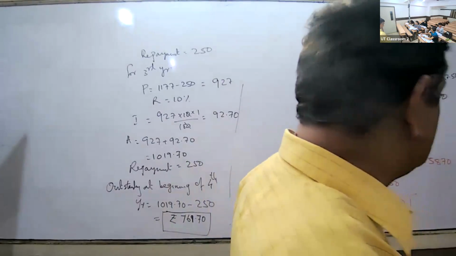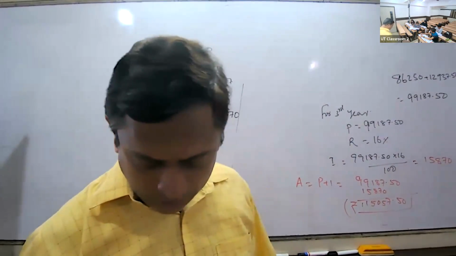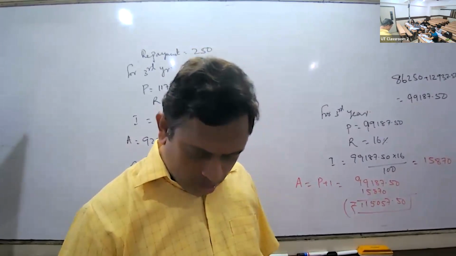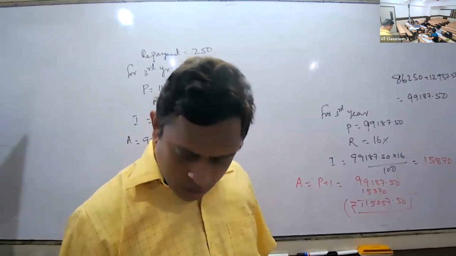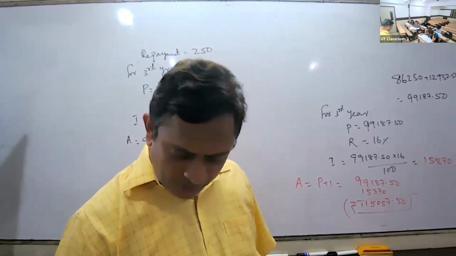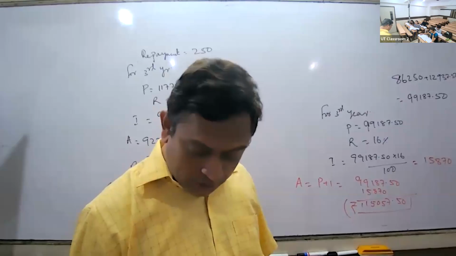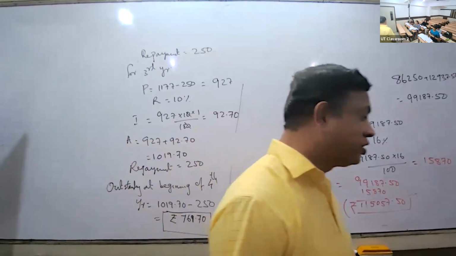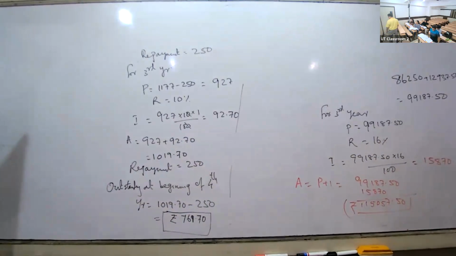Check what you have to find out first. You have to find out the amount only, or the interest also. At the end, calculate the sum. So she will get 1,15,057.50 rupees at the end.